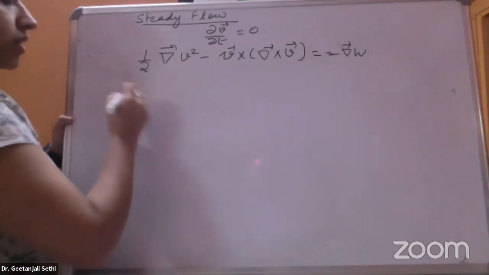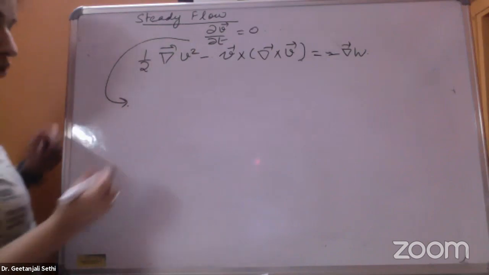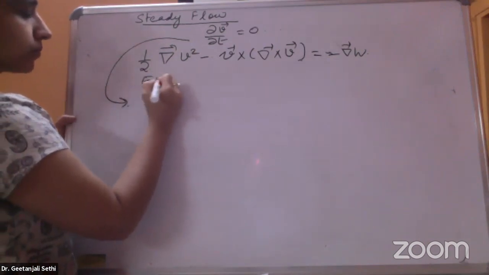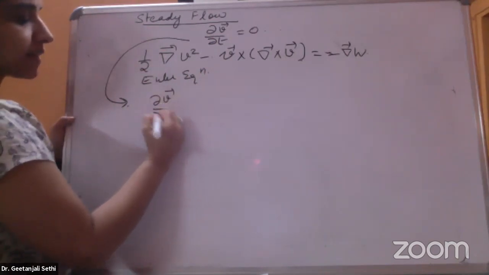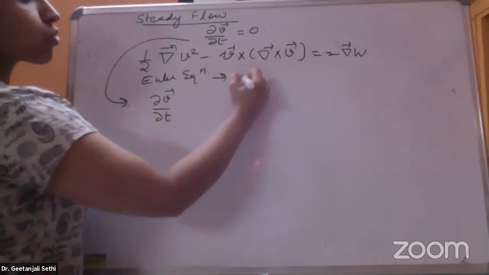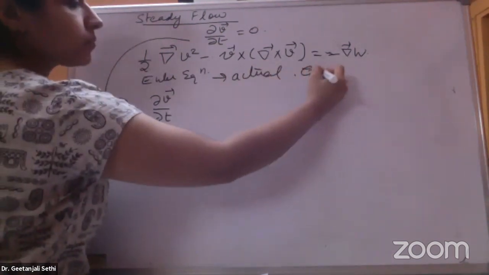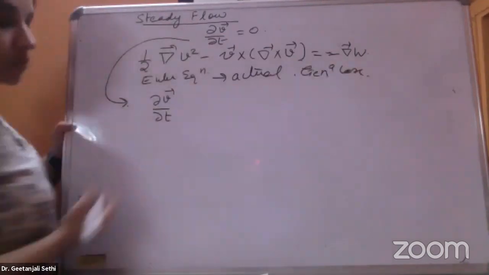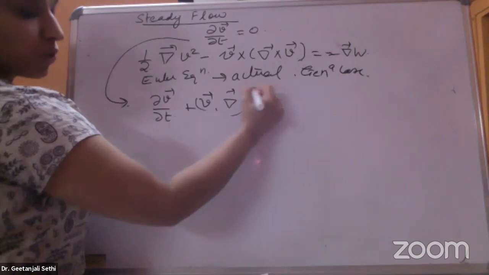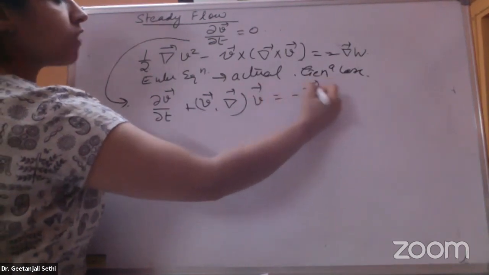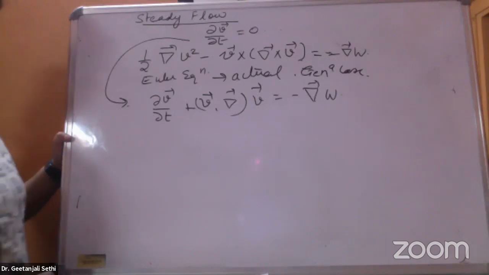Maybe I should write an intermediate step because there might be people who were not there. My Euler equation, which I just wrote on the board before this, was del V by del T plus V dot del V equal to minus grad of W. This is my actual Euler equation, general case.